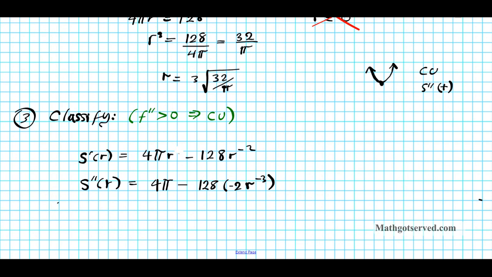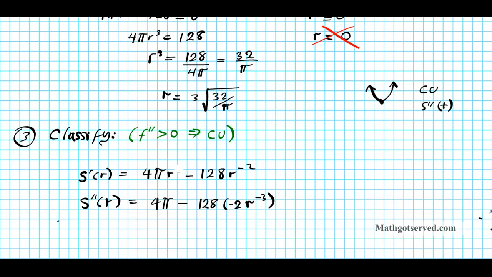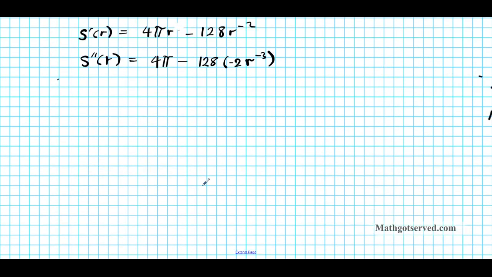Okay, and then when we simplify that, we're going to have s double prime of r equals 4 pi, minus times minus is a plus, 128 divided by r to the third. Okay, so just by looking at this, what can we conclude?